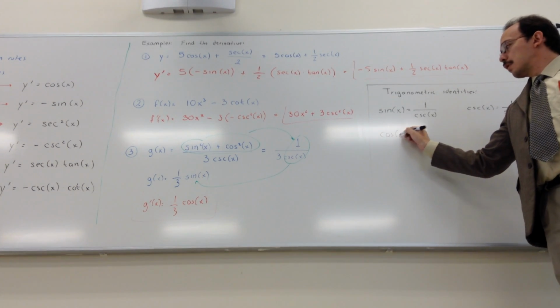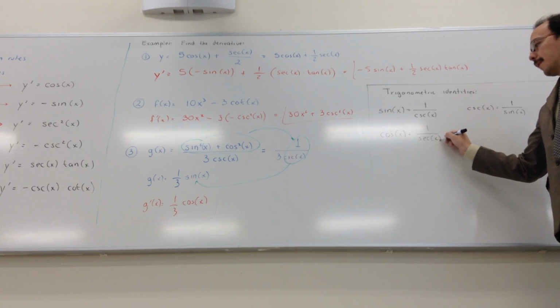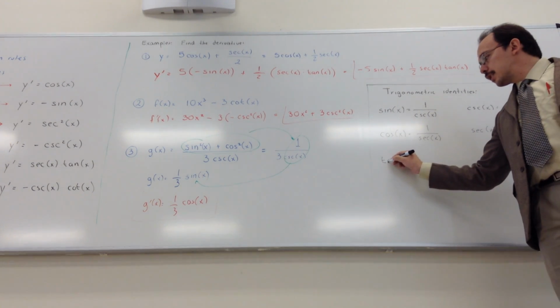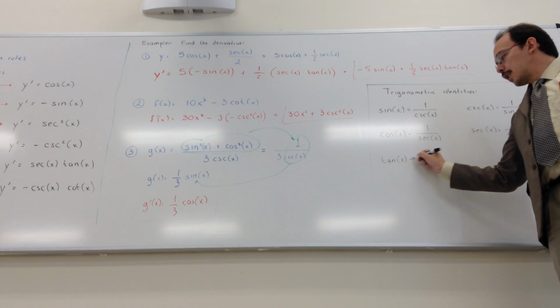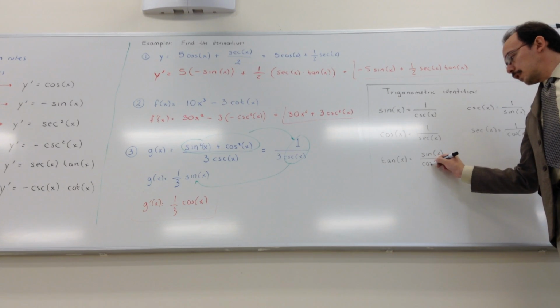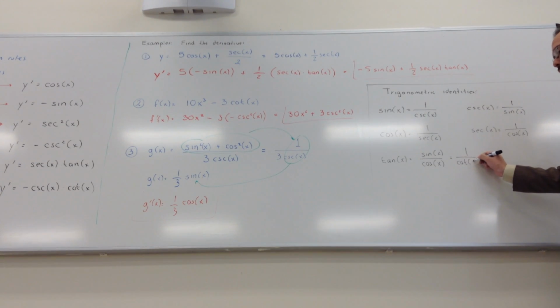Cosine of x is 1 over secant. Secant of x is 1 over cosine. Tangent is sine over cosine, or 1 over cotangent.